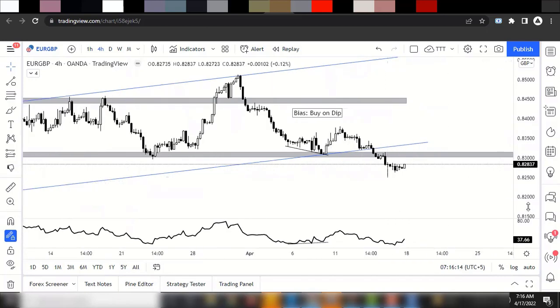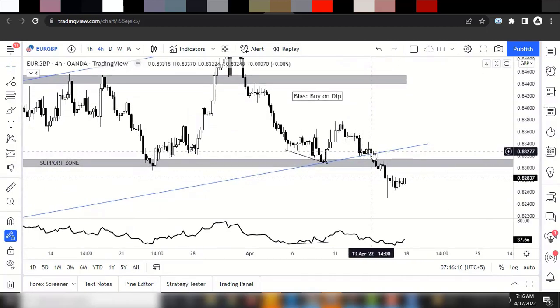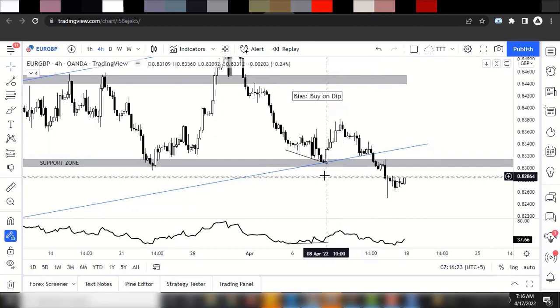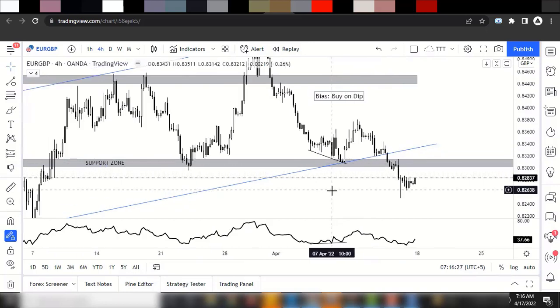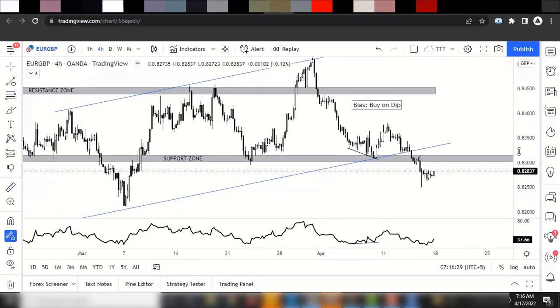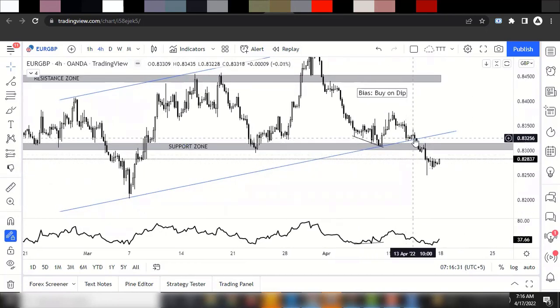Then for a couple of sessions we see the price is sustaining above it, but you see no good bullish candle on the support as we have this 8 April 2020 candle. So I did not personally execute this trade, but if you have executed this trade, then it must have been closed by your stop loss, as the stop loss was this support zone.